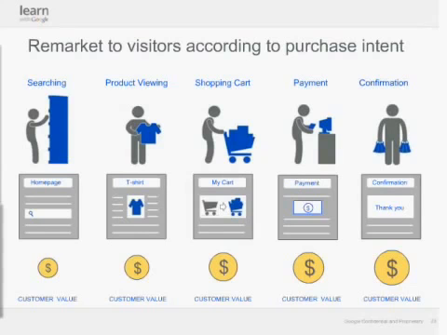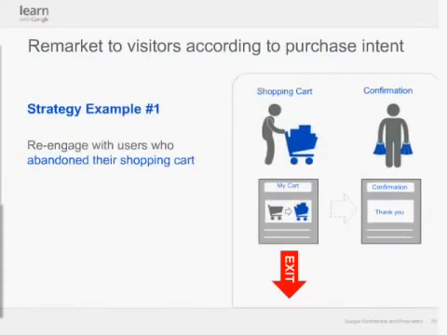So for example strategy number one, a lot of this is very e-commerce related, but you could even think of the confirmation page as submitting information for you to follow back up. There's a lot of things that we can liken to your customer funnel. So one of the bigger strategies is remarketing to visitors according to purchase intent.